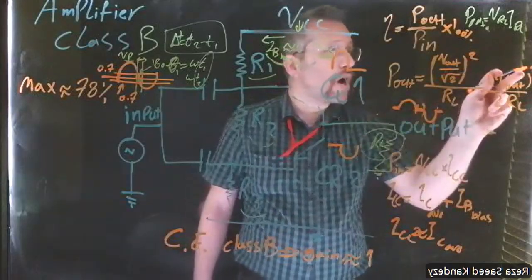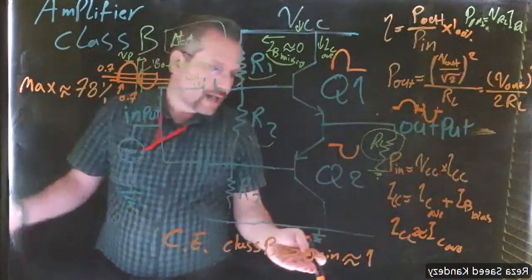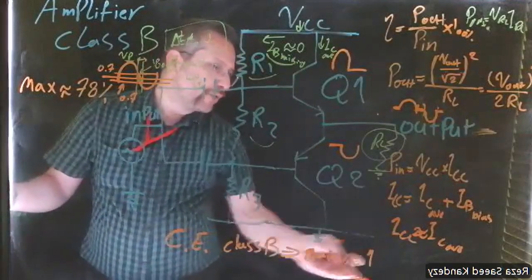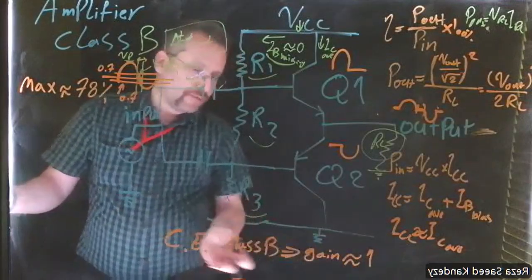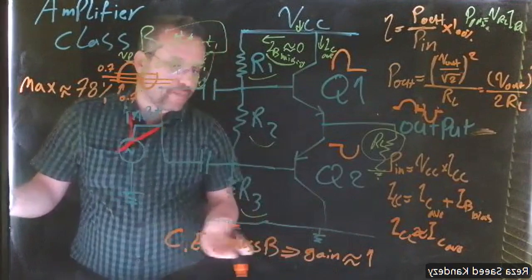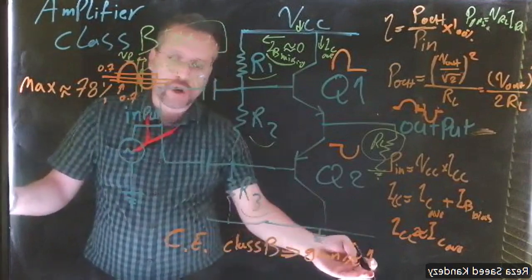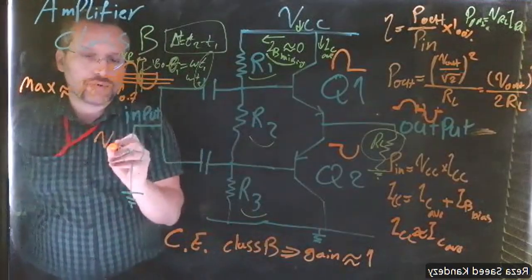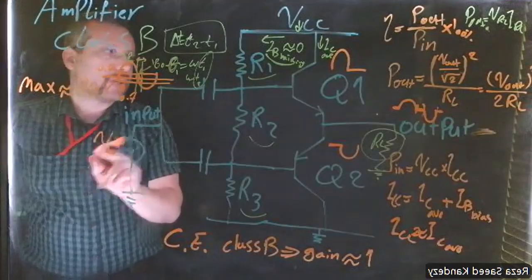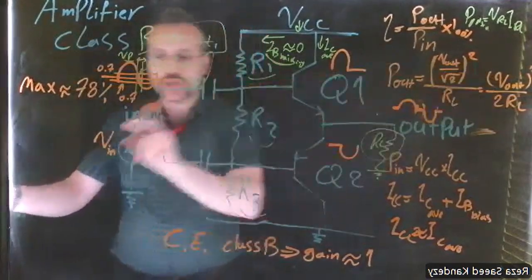Now, what is the voltage out? We said that the gain for the common emitter Class B is around 1. So whatever voltage you have at the input, you can approximate the output voltage as equal to that.